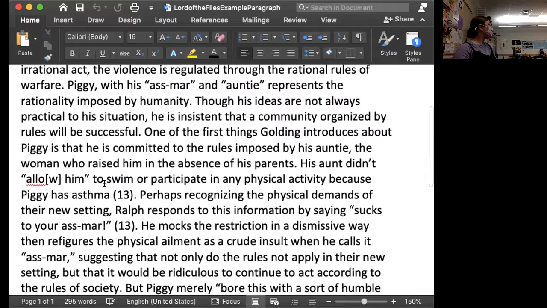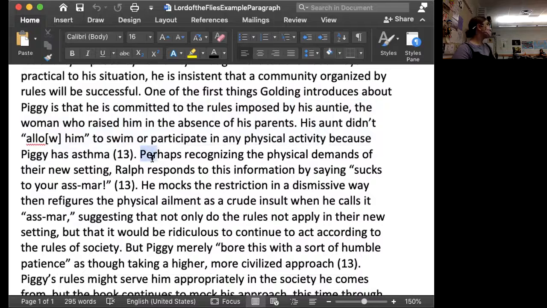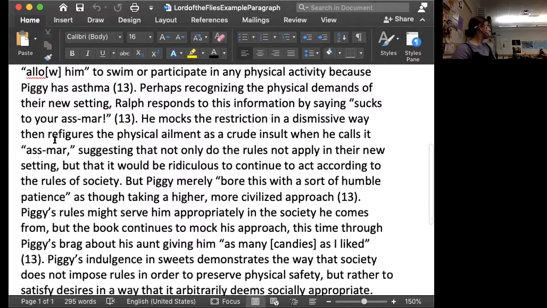Okay, so then I'm going to go on. I've picked out this little phrase to show that this is him committed to the rules. And then I say, perhaps recognizing the physical demands of their new setting, Ralph responds to this information by saying, "Sucks to your Asmar." He mocks the restriction in a dismissive way, then refigures the physical ailment as a crude insult when he calls it Asmar, suggesting that not only do the rules not apply in their new setting, but that it would be ridiculous to continue to act according to the rules of society.